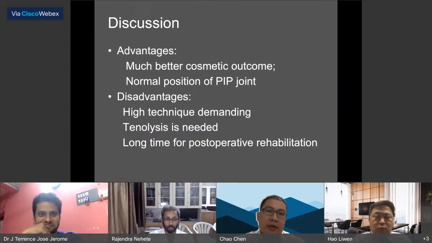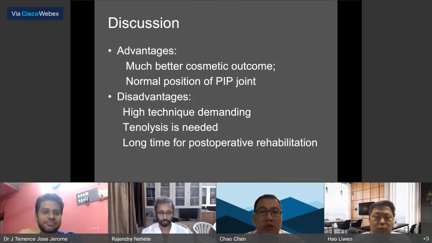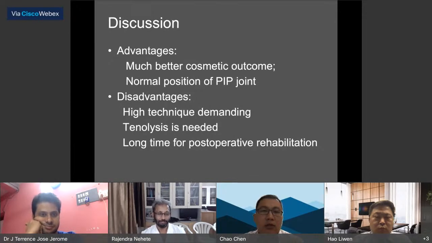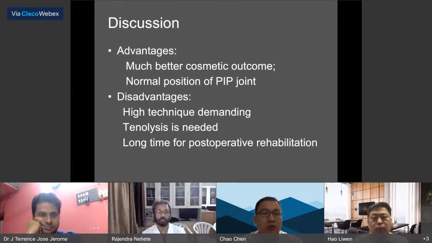And I want to discuss the advantages and the disadvantages of this technique. So the advantages are obvious. First, the cosmetic outcome is improved significantly compared with the traditional toe to hand transplantation.